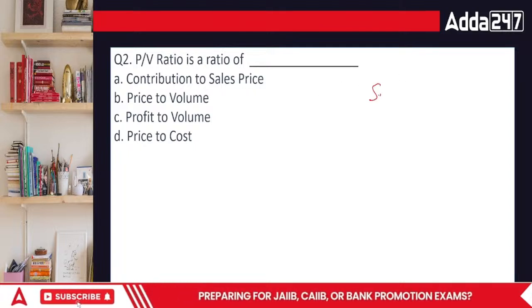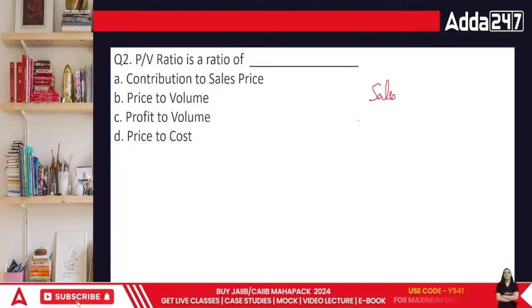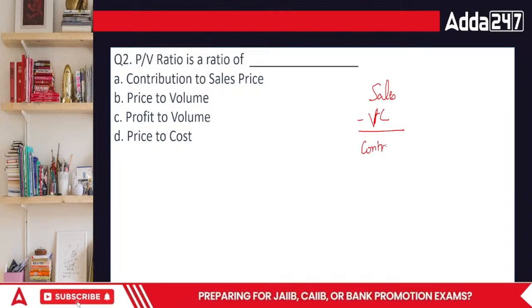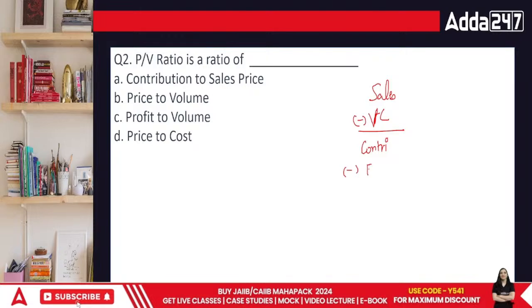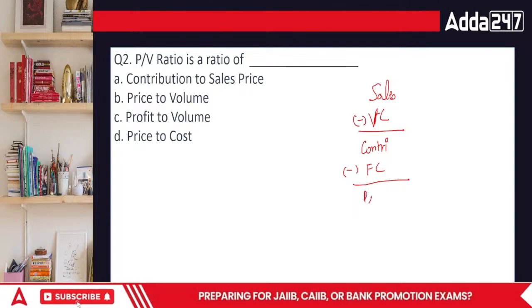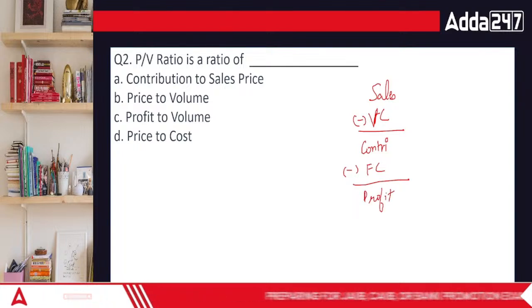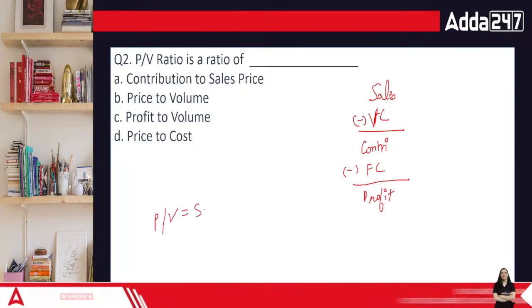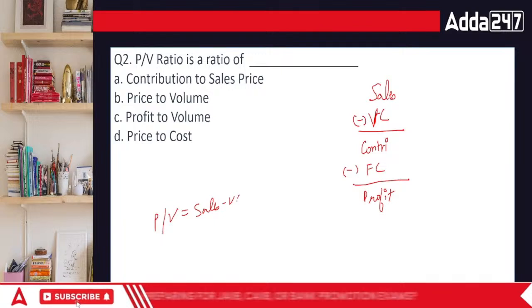First of all, look at this. Before I proceed with the answer, we have something called sales. We remove only the variable cost out of it. We will get contribution. Then we remove fixed cost out of it. That gives us contribution minus fixed cost will give us profit. Then when we talk about PV ratio, PV is sales minus variable cost divided by sales.